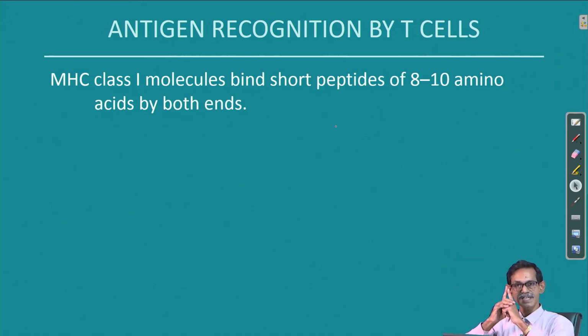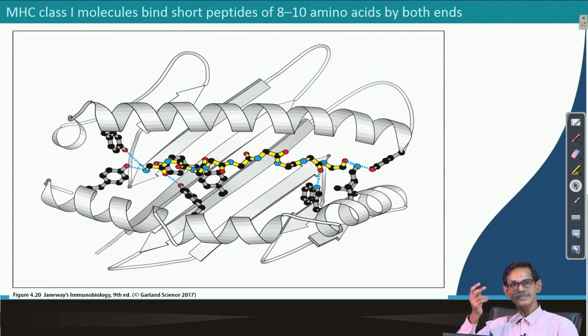That small piece size for MHC2 is 13 to 20 amino acids in length, and in the case of MHC1 it is 8 to 10. This is another difference. So one can hold a bigger peptide. How big? You know now. And MHC1 is smaller. How small? You know now. So if you see, this is MHC1, this is MHC1 with the peptide.